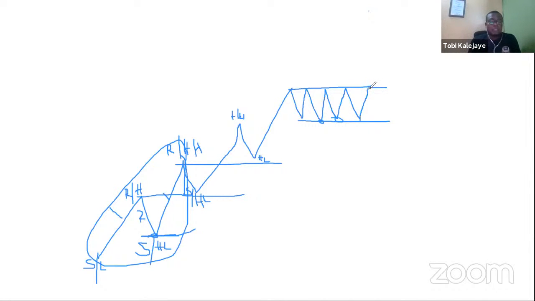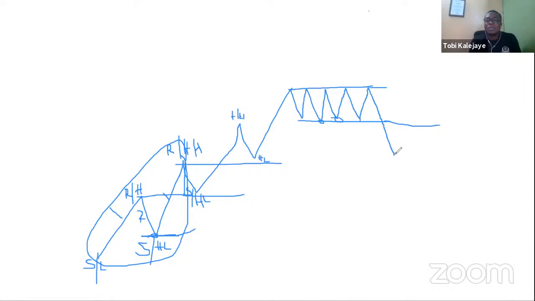Now when this happens, in a situation whereby price is pushed down, you don't take your sell yet, but you now understand that the uptrend has been broken. But what should you expect as a technical trader?